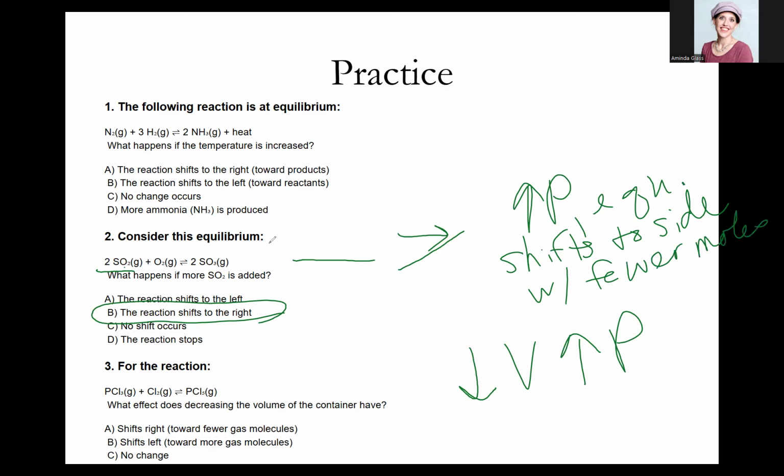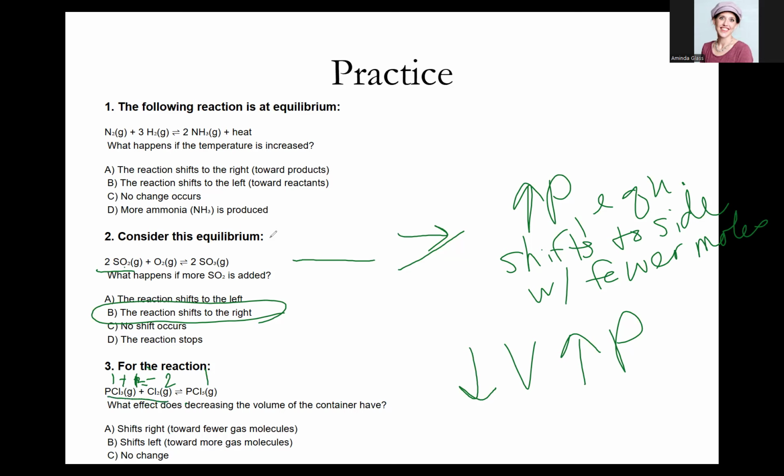So let's look at this. Well, the moles are basically the coefficients. The coefficients tell us how many moles of each we have. So on the reactant side, we have 1 plus 1, which equals 2. And on the product side, we only have 1.